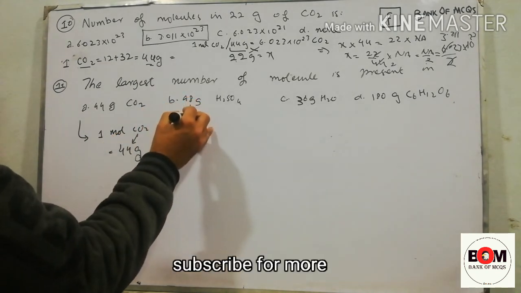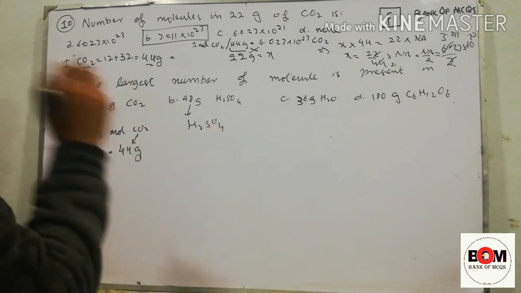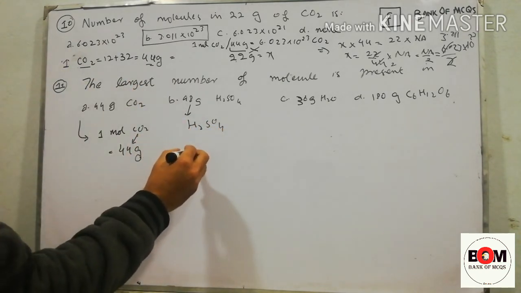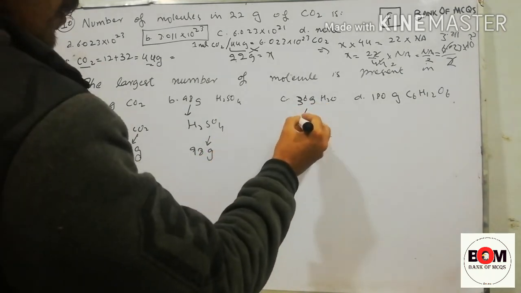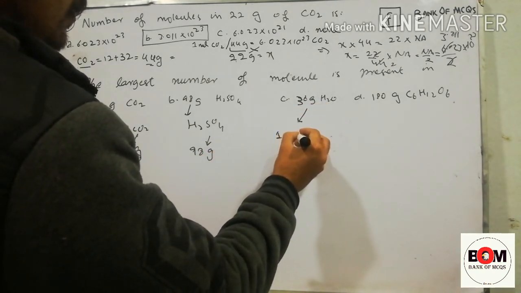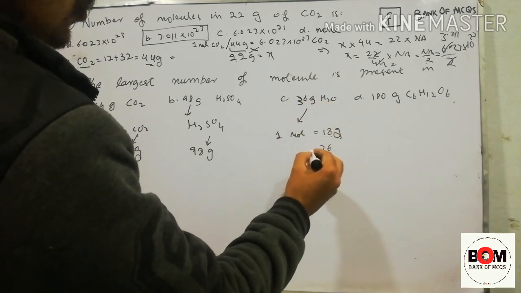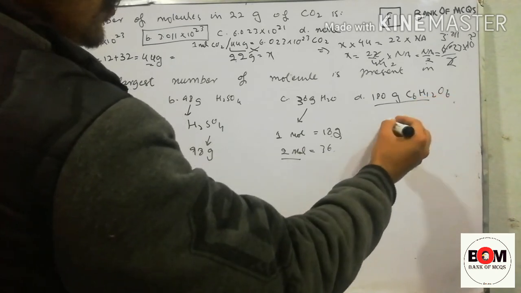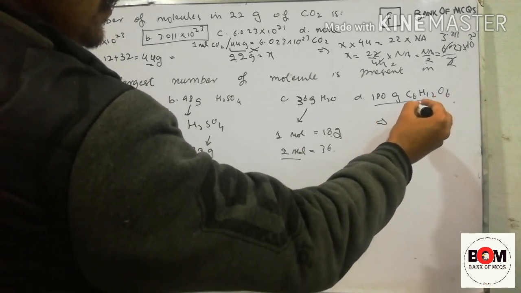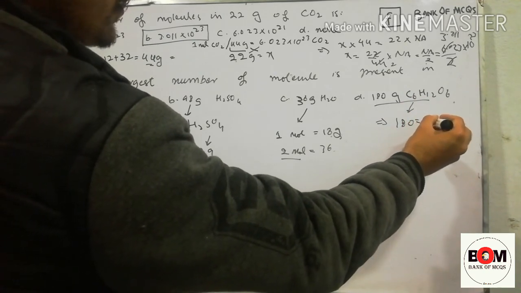The next is H2SO4, its molecular mass is 2 plus 32 plus 64, which is equal to 98 gram, and for water 1 mole is equal to 18 gram. Here it is 36 gram, so 36 gram is 2 mole, and for glucose the molecular mass is 180, so 180 gram is equal to 1 mole.